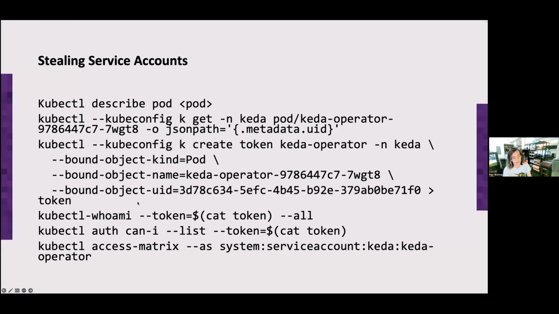So because we can get secrets, we can also get other service accounts, which is going to allow us to do a lot of really good stuff across the cluster. So for instance, here, this demo is looking at this application called KEDA. KEDA is a fairly common tool used on a few different managed providers to provide metrics.